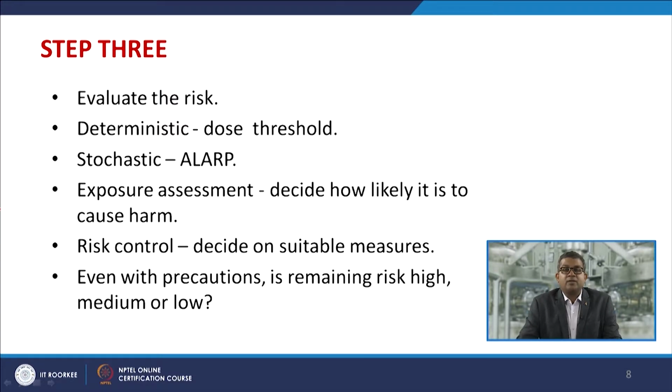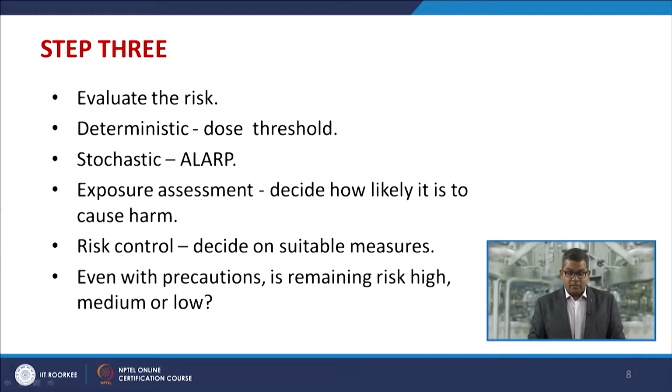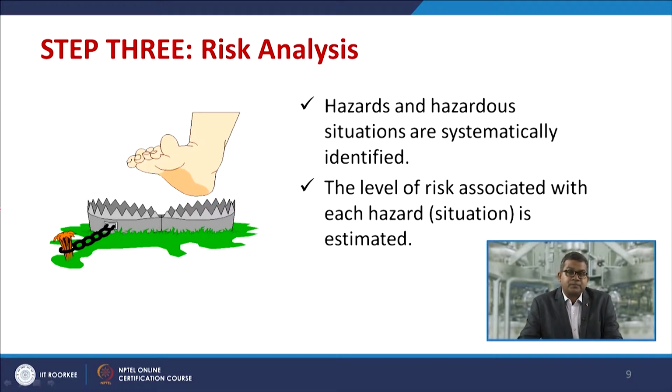Then decide on the suitable measures, which one you need to adopt, which one you need to apply in case of any risk. You need to follow the various precautions, or even with the precaution, you need to analyze whether there are any remaining high risk things, or sometimes it may be medium or it may be low. So, you must analyze all those things while evaluating the risk.